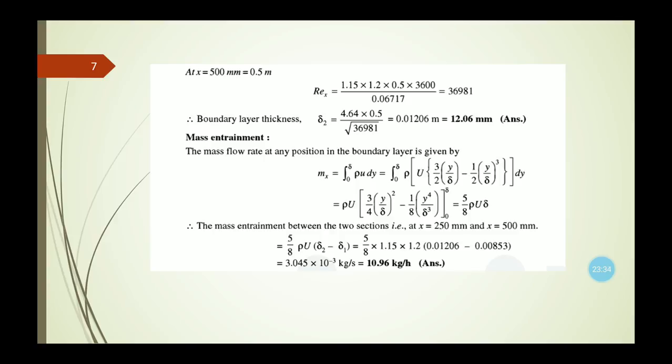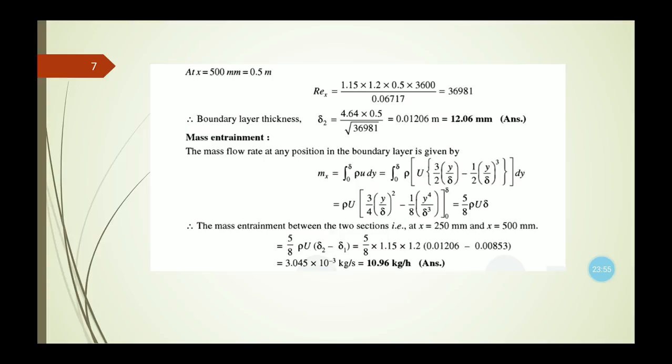Now for the second part of this numerical, we need to calculate the mass entrainment between the two different sections, that is at x equals 250 millimeter and x equals 500 millimeter. For the mass flow rate at any position in the boundary layer, the formula is known to us: mx = integral from 0 to delta of rho u dy.